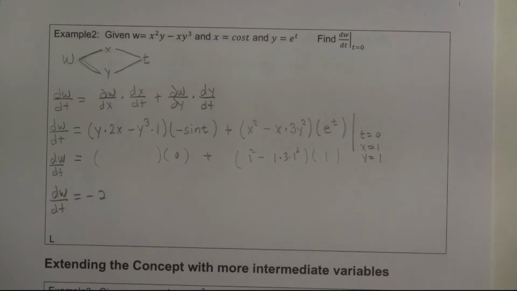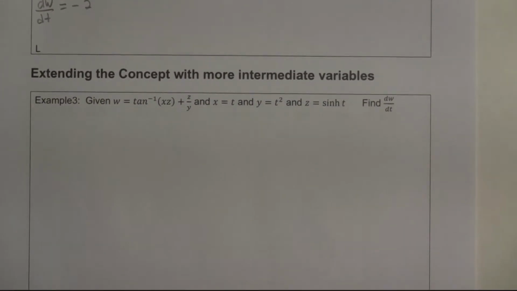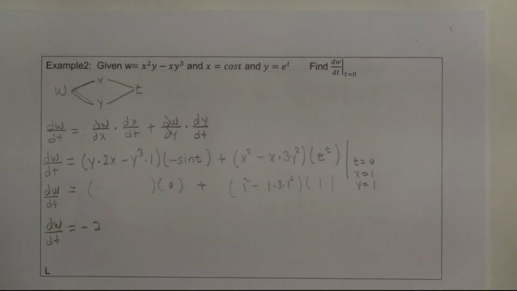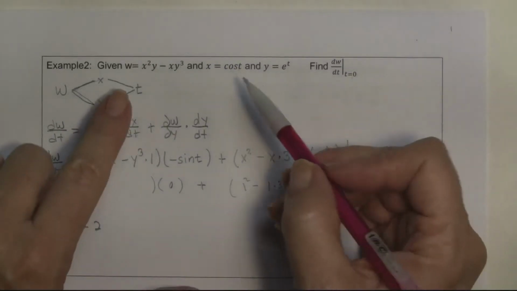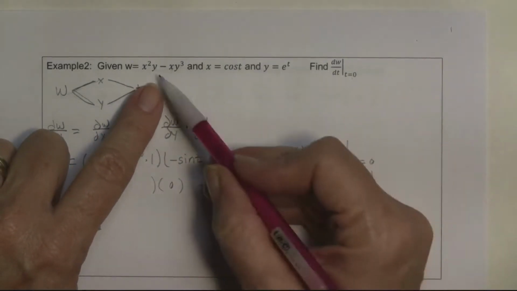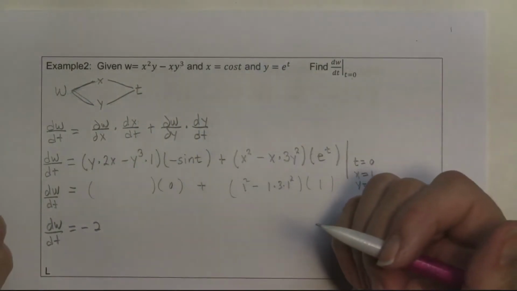Okay, so we're going to look at this next one, and this is just a little bit of extending the concept of the chain rule. And already with this one, I'm not so sure that I would have wanted to plug that in and have it squared and times that and have to do all of the product rule.